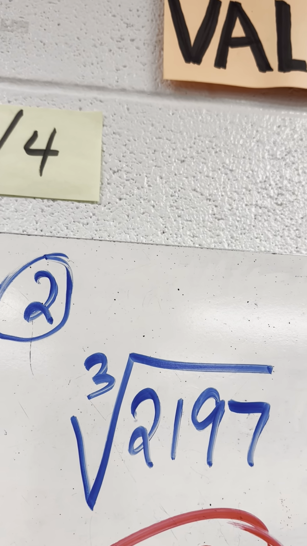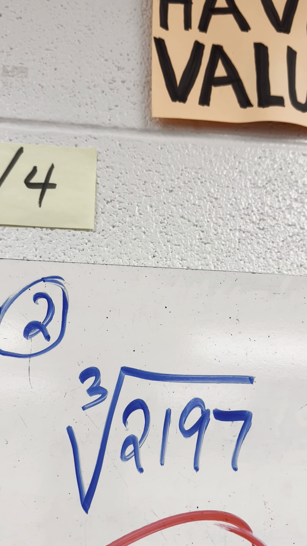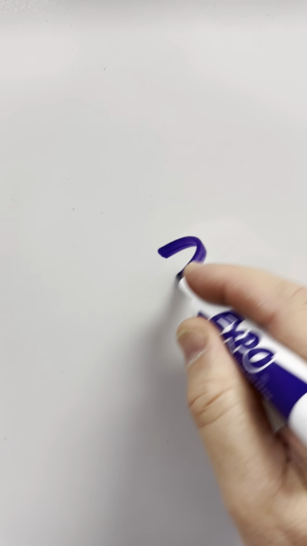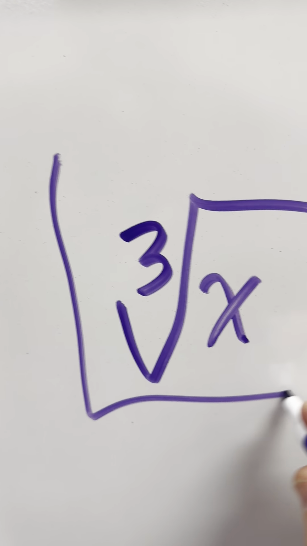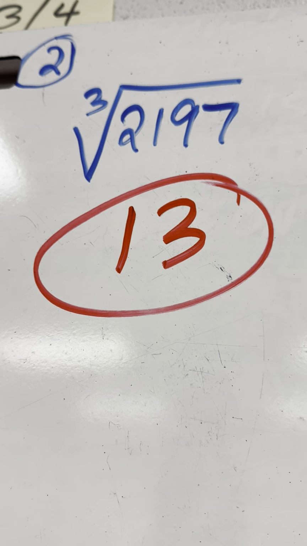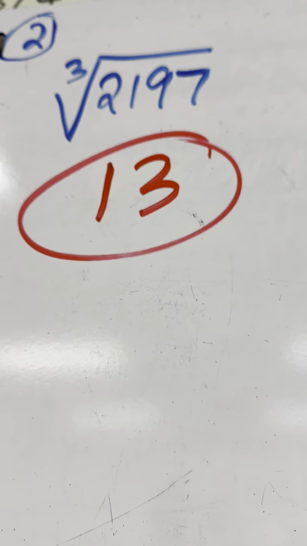Now, if you go to your regular phone calculator, you'll see that there is a button like this, cube root of x. Just type in 2197 and hit this button and it'll give you 13.